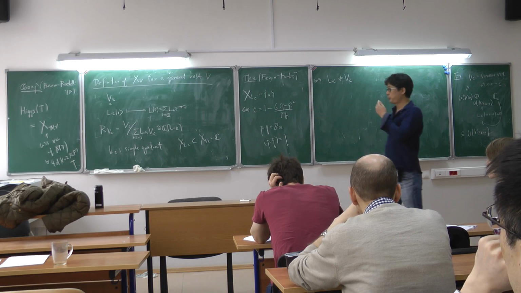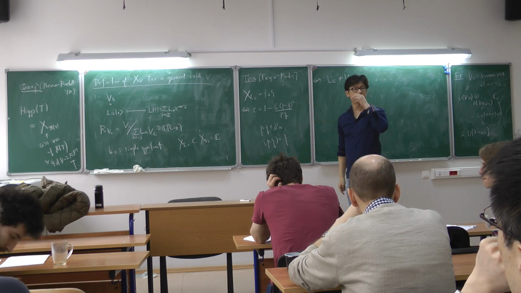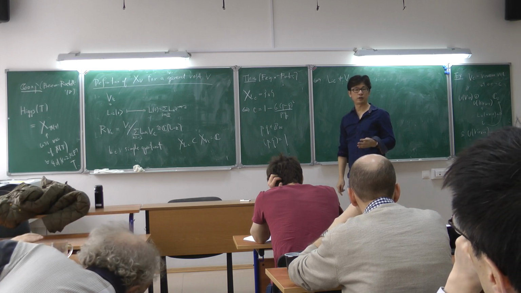So I explained the example of when the variety is zero for affine VOA and Virasoro.